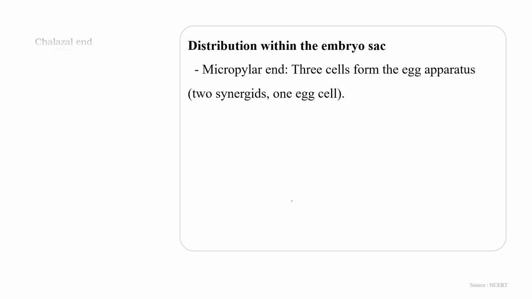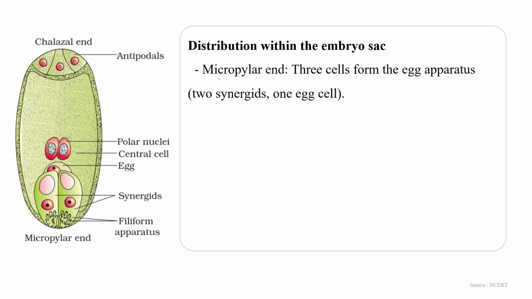Clear? Now, distribution within the embryo sac. First is the micropylar end, and this micropylar end contains 3 cells. These 3 cells form the egg apparatus, with 2 synergids and 1 egg cell. 1 and 2 are the synergid cells, and this is the egg cell.